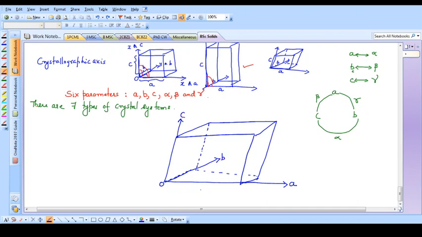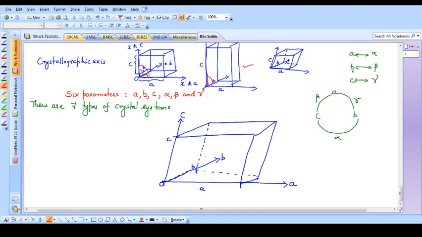So the length of the unit cell along the a-axis is a, along the b-axis is b, and along the c-axis is c.